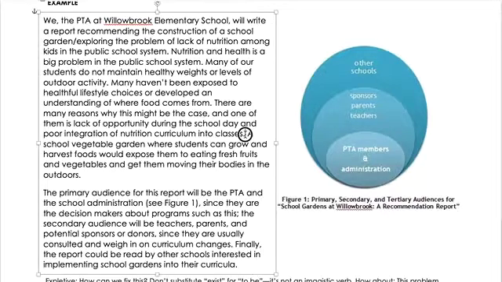They say, a school vegetable garden where students can grow and harvest foods would expose them to eating fresh fruits and vegetables and get them moving their bodies in the outdoors. Okay, great. So they have come to a conclusion at the end of this paragraph. Their conclusion is that this school garden might address all of the aspects of the problem, right? So it might solve all of the scope of their research. But first they have to do the research to try and figure out if that's really the case.